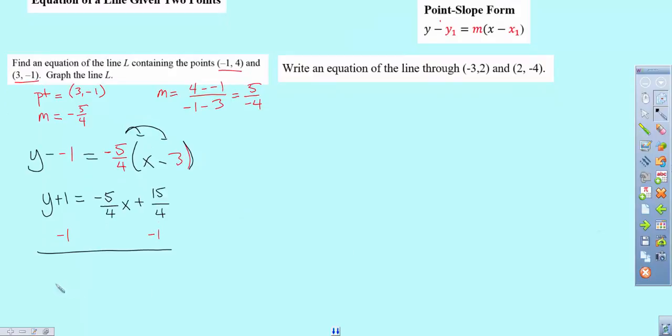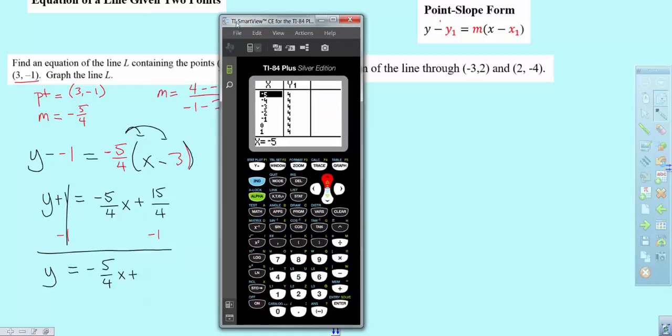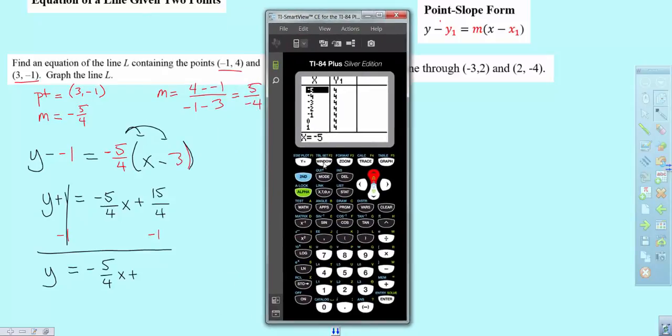So at this point we're looking at y, our 1's cancel, is equal to negative 5 fourths x plus, or maybe minus, let's see. So we pull out our calculator, we go to our home screen, second quit, there we go.